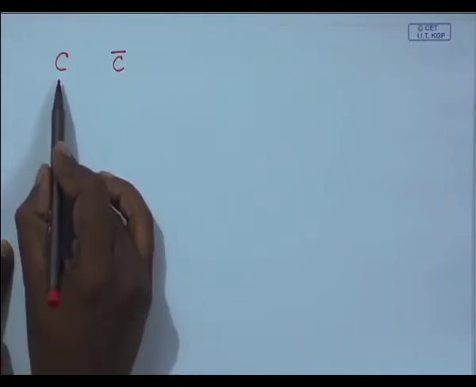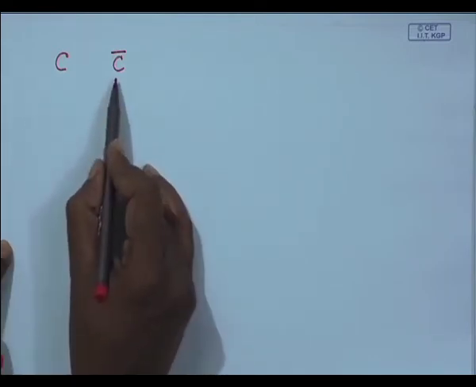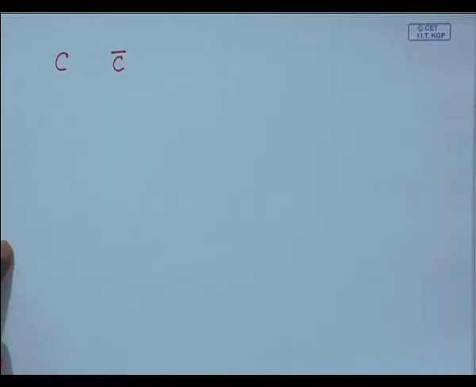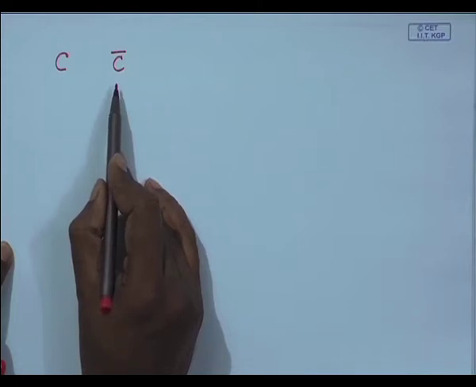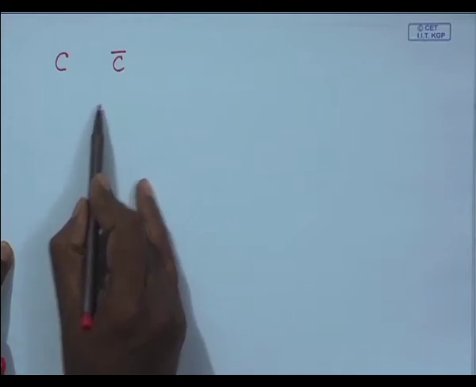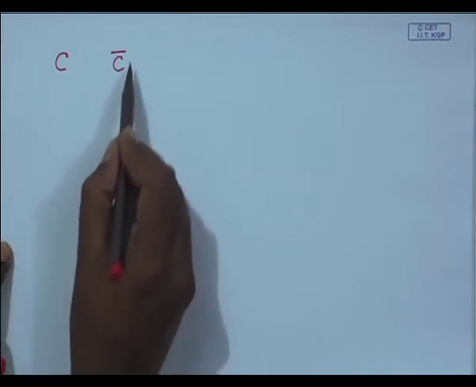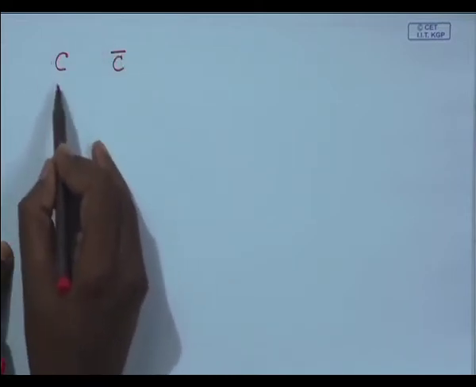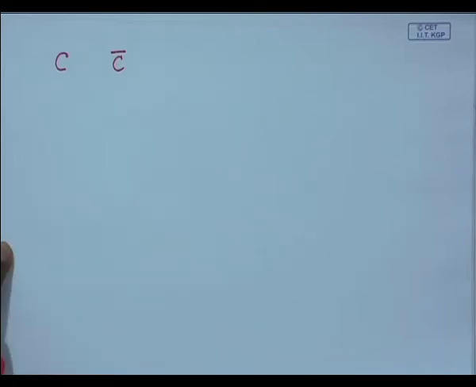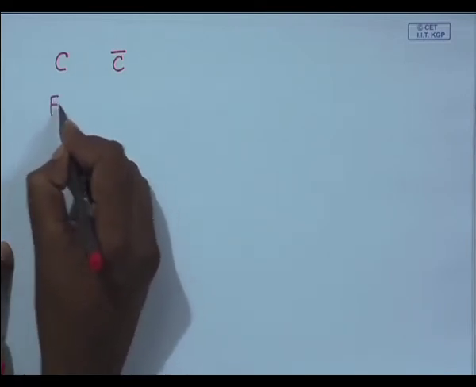This represents the samples belonging to class C, and these represent the samples which do not belong to class C. Now, because of our classification process, I may have a situation that a sample which actually belongs to class C complement is classified as belonging to class C. This is a situation which is expressed as false positive.